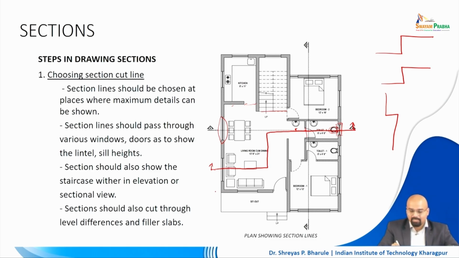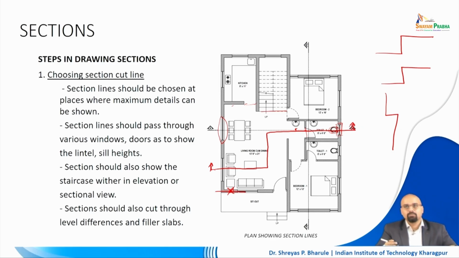If a section line passes through here, it does not make sense, because once you cut through this you will not be seeing anything, just the wall. So there is no point in passing through the wall, but you can always truncate the section something like this. This is also an acceptable way of drawing a section line.